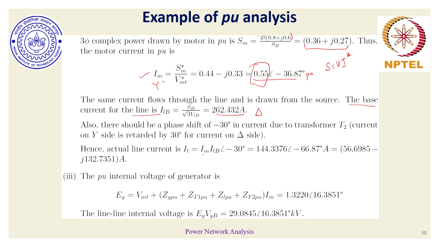And that's how this Im with the base current, because base current for line is different from the base current for motor, with minus 30-degree phase shift, is the actual current in amperes running through this transmission line. Now, remember when we are bringing in this phase shift, this is only important while finding the actual line current.